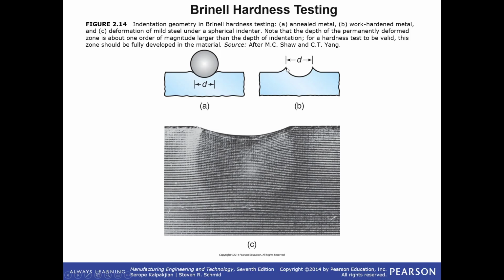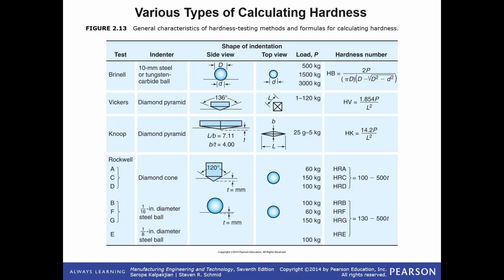D here is what we're actually looking at, so we have two diameters. Really, we're looking at basically the divot that it leaves, the edge to edge measuring distance. And this is what Brinell hardness tests do. They look for that measuring distance, and then they apply it to this here. So d would be your impression.